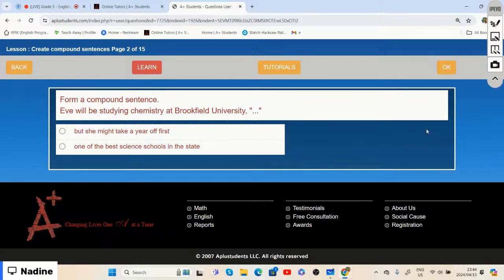Is it option one or option two? Keeping in mind, guys, our conjunction that is joining the two sentences is either and, or, but, or so.